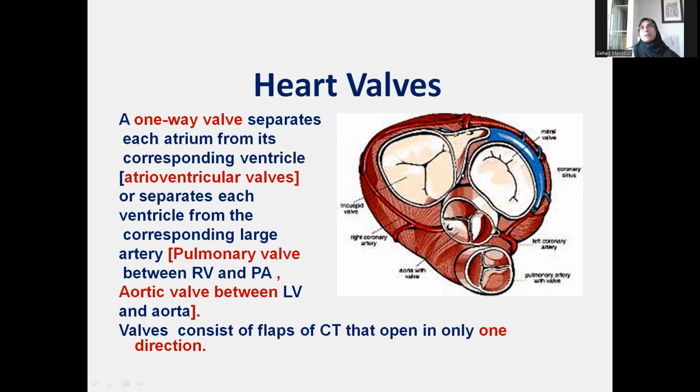Moreover, if I specify more and ask you about the tricuspid valve or the mitral valve, you would specify more and say, for example, in case of the tricuspid valve, that it allows the passage of deoxygenated blood. In this case, it would be easy for you to deduce the type of blood.